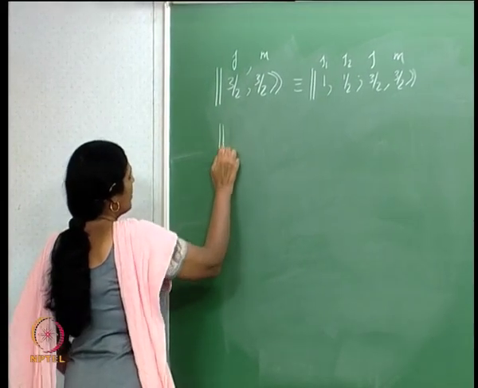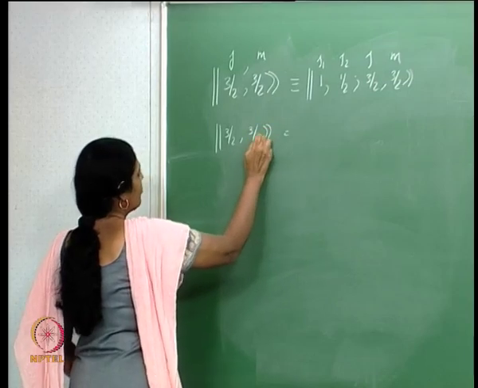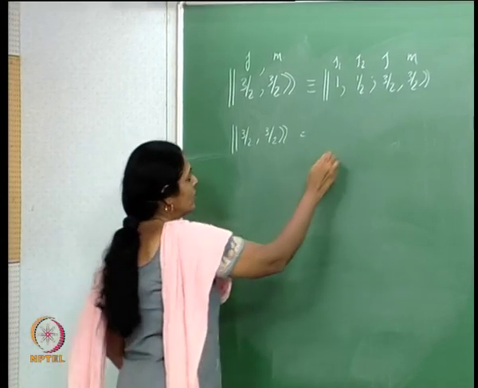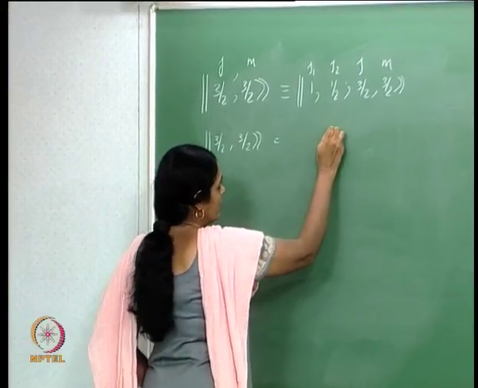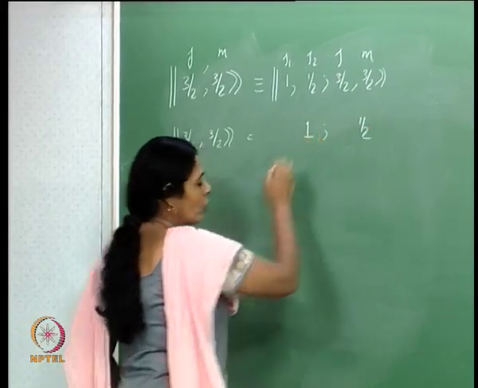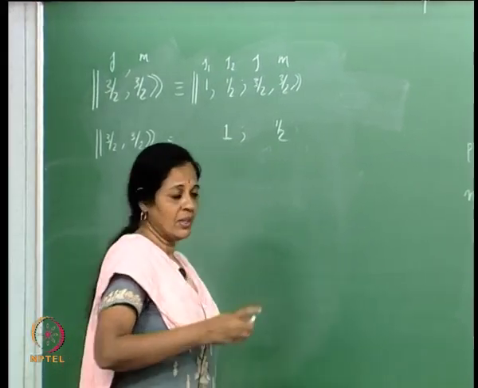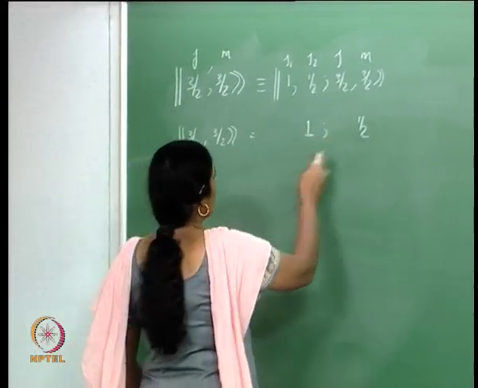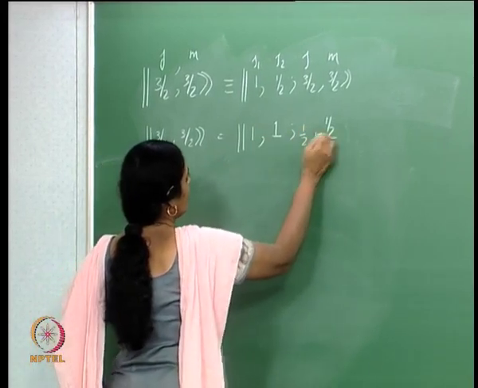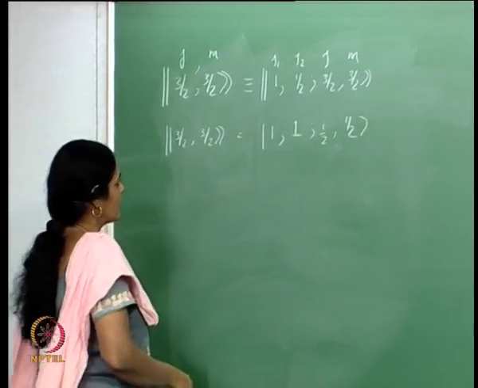But 3 by 2, 3 by 2 could have come only in the following fashion. It is a stretched case because if I want m equals 3 by 2, then m1 should have been 1 and m2 should have been half. The only possibilities for m1, as you can see, are 1, 0 and minus 1, and for m2 are half and minus half. So I just have 1 comma 1 with half comma half, and this is the uncoupled basis, and therefore I do this.